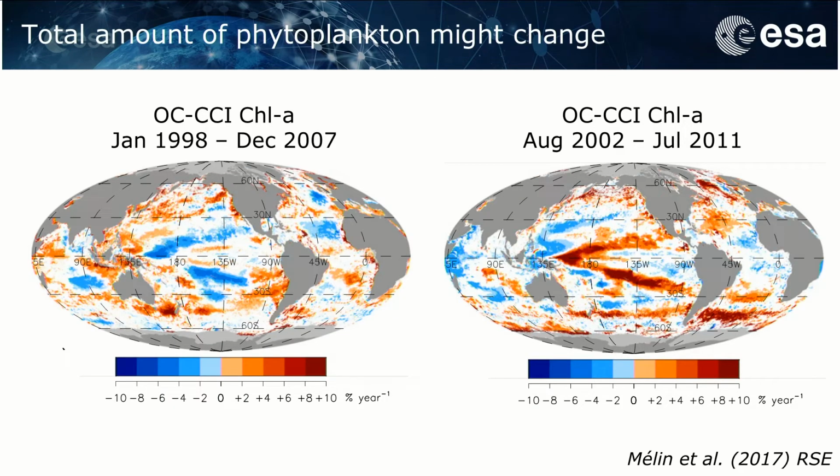But just to make the point here, what Fred did nicely in his paper is he also looked at trends at different points during this time series. So this is an example of a trend from the same product from January 1998 to December 2007, and one from August 2002 to 2011. And you can see quite contrasting features in these trend maps. For example, in the equatorial Pacific here, there's almost a completely different trend.